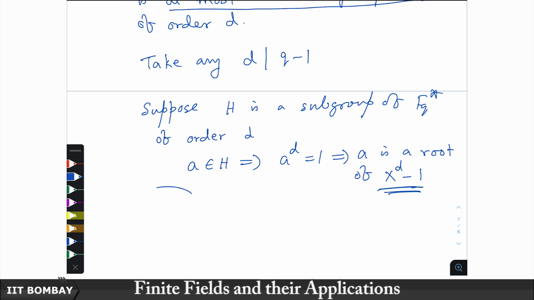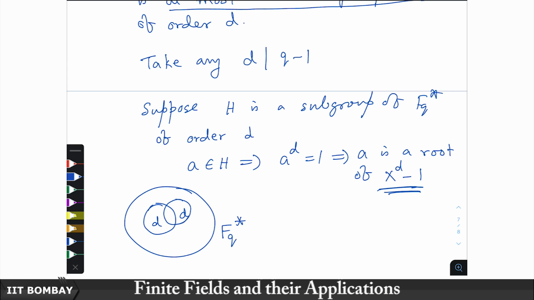On the other hand, let us look at this multiplicative group. Suppose there is one subgroup here of order d, d elements are there. There is another cyclic subgroup of order d, which is not the same as this subgroup. Again, d elements are there, which are roots of x power d minus 1.